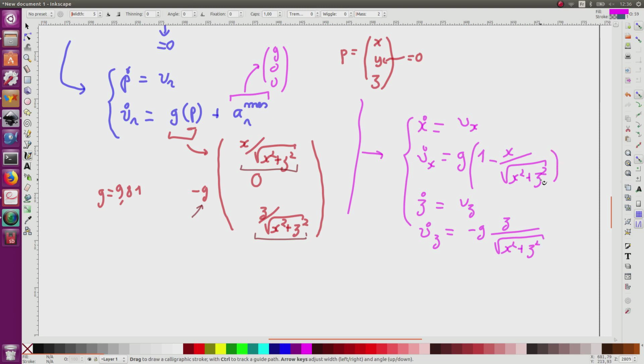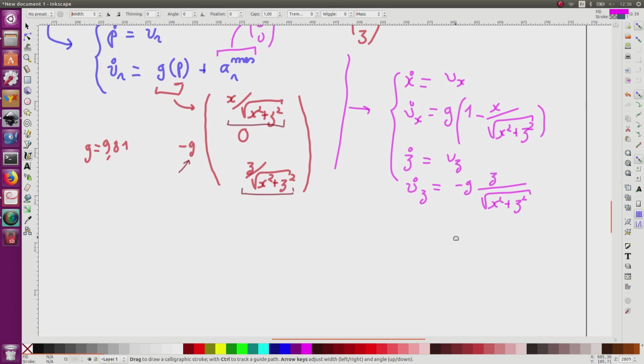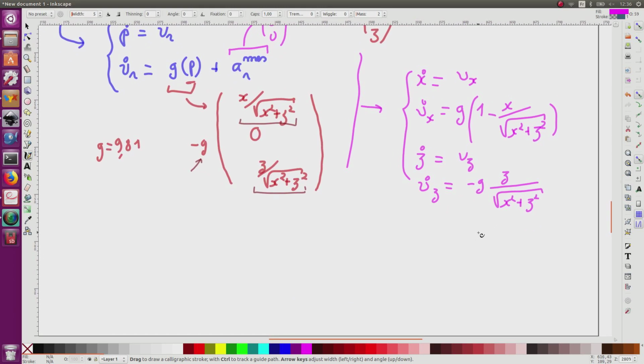So these are my simplified state equations, and now I can simulate this.